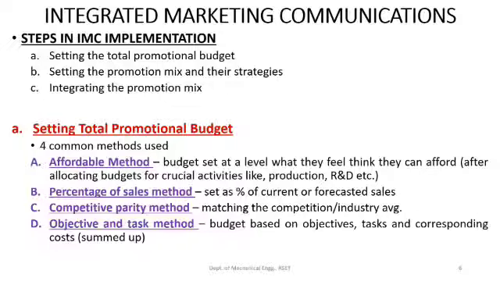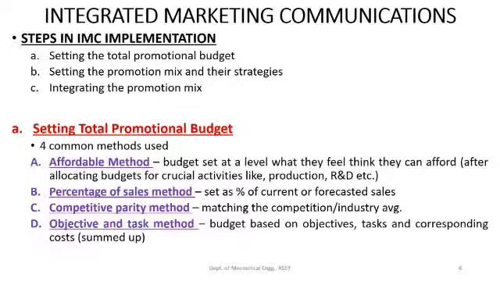Now the fourth and final method, the most ideal method, is called the objective and task method. In this method, the total promotional budget is calculated by first setting the communication objectives.